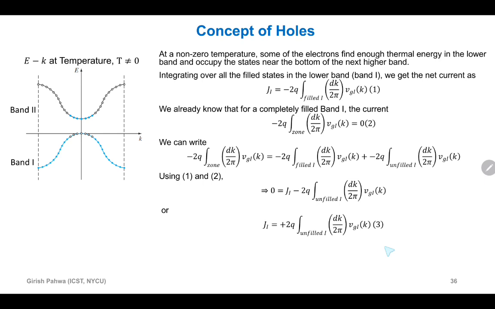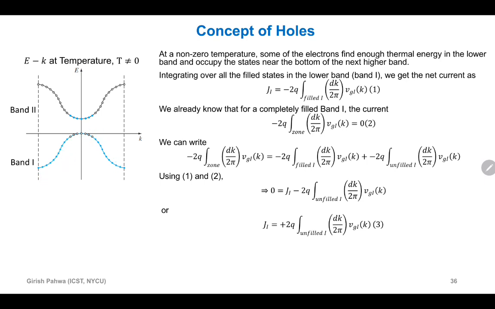It is as if only these states are filled, and instead of electron I have a fictitious particle which carries a plus q charge, and I am integrating over that. If these states were carrying some particles, how would you write the formula for the current?